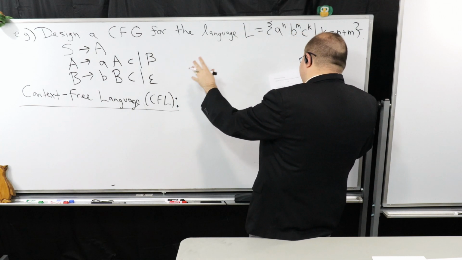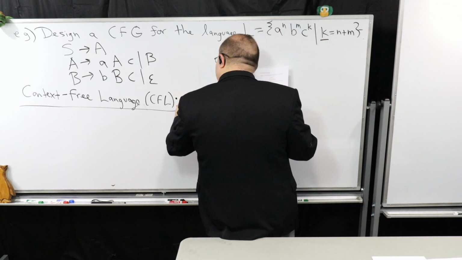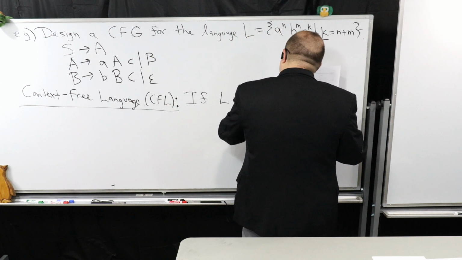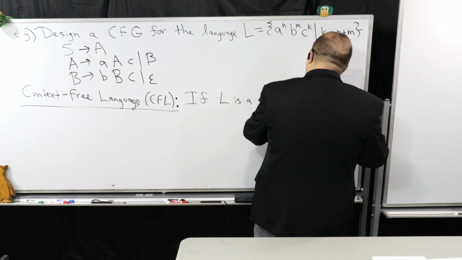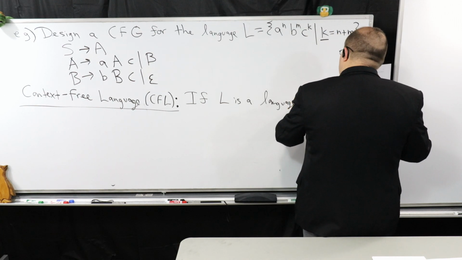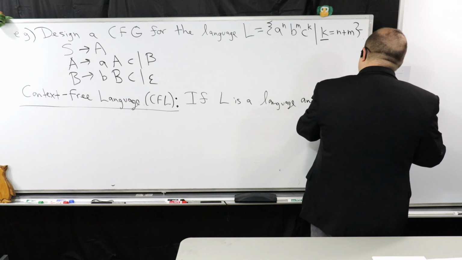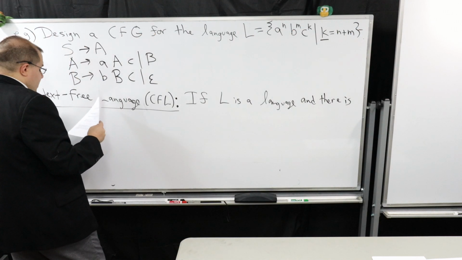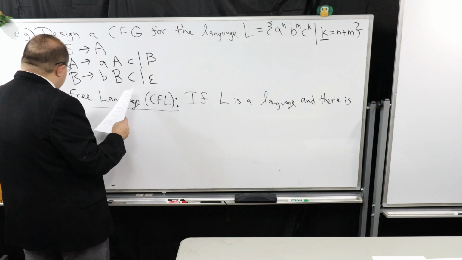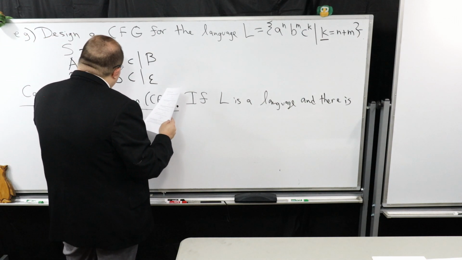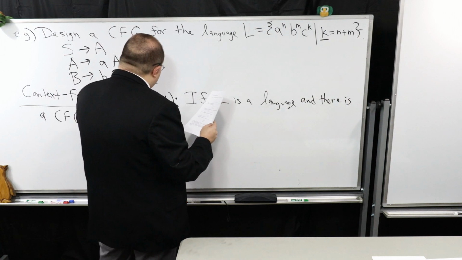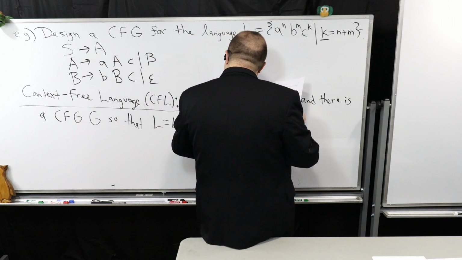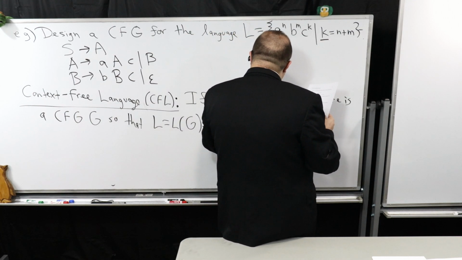My point is that a context-free language is quite simple. If L is a language, and there is a context-free grammar, G, so that the language L is equal to the language of the context-free grammar, G, then we say L is context-free.